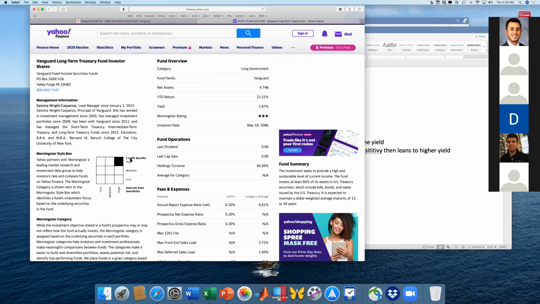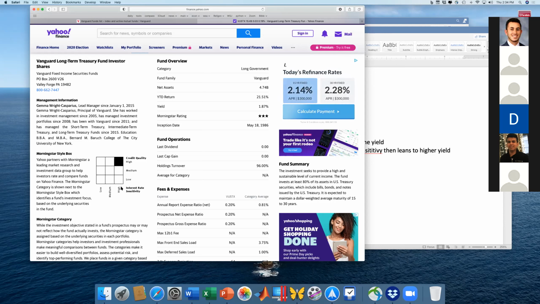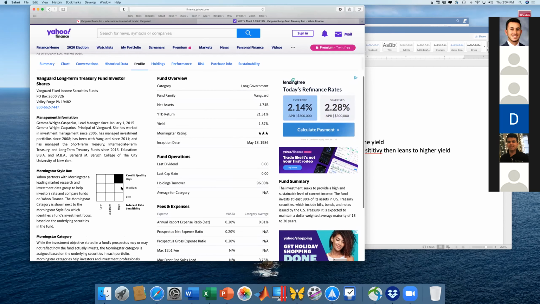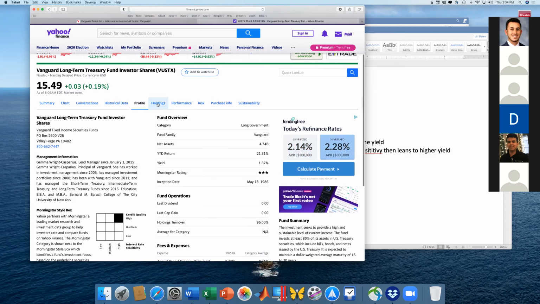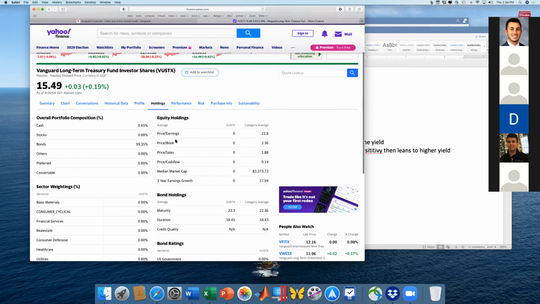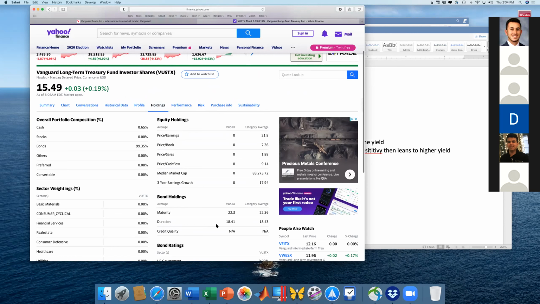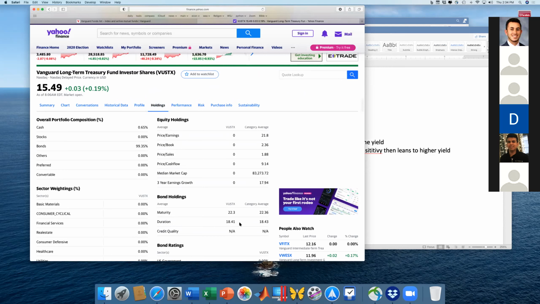So if you're looking at this bond fund, its credit quality is high. It's the highest, because any treasury will always be in this high box. So that would lower its yield, but its interest rate sensitivity is high, which would increase its yield. The duration is on the holdings page, and you can see 18.41, which means that on average, its payments are 18.41 years in the future.